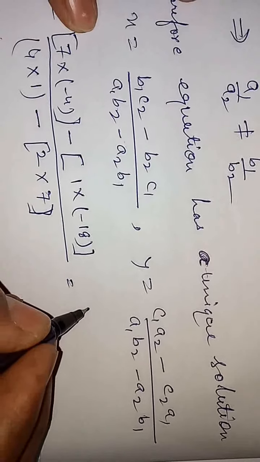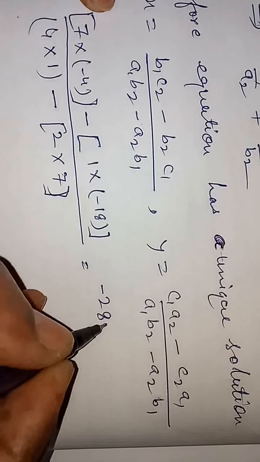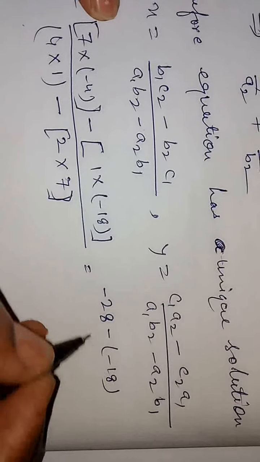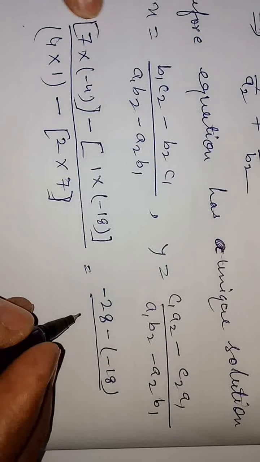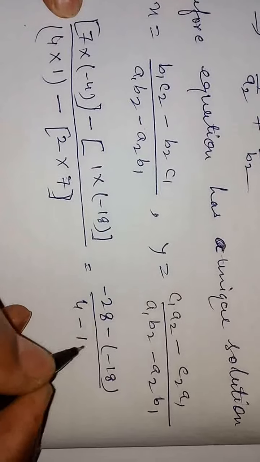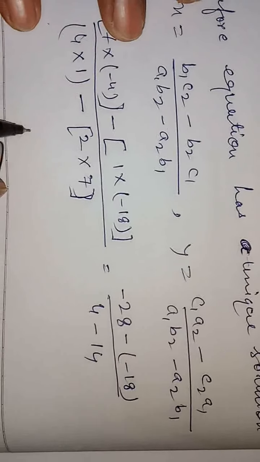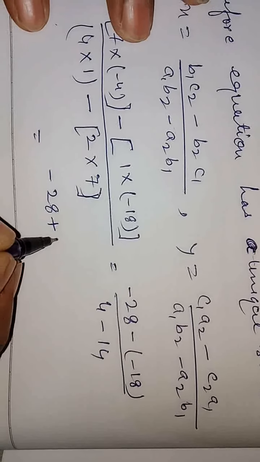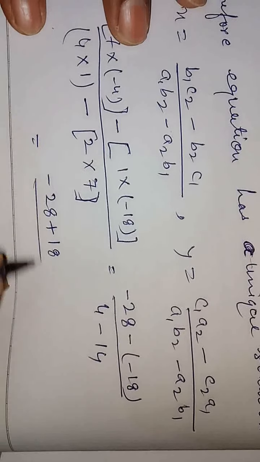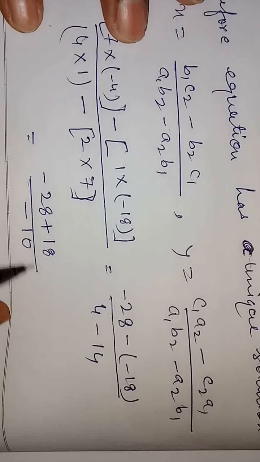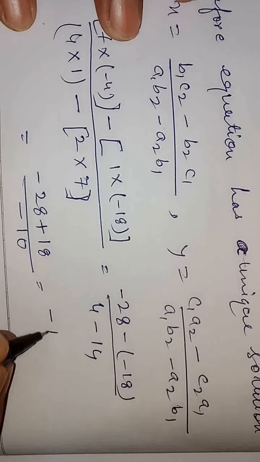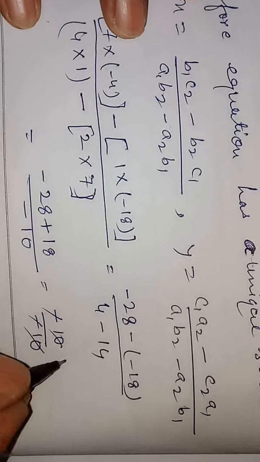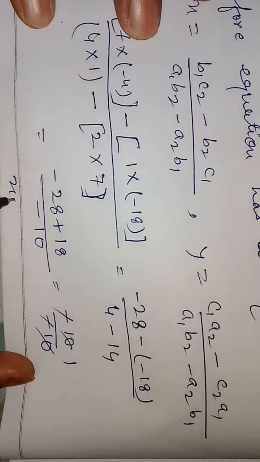Now minus 28 minus minus 18 upon 4 minus 14 is equal to minus 28 plus 18 upon minus 10. So minus 10 upon minus 10, minus minus cancelled. So x is equal to 1.